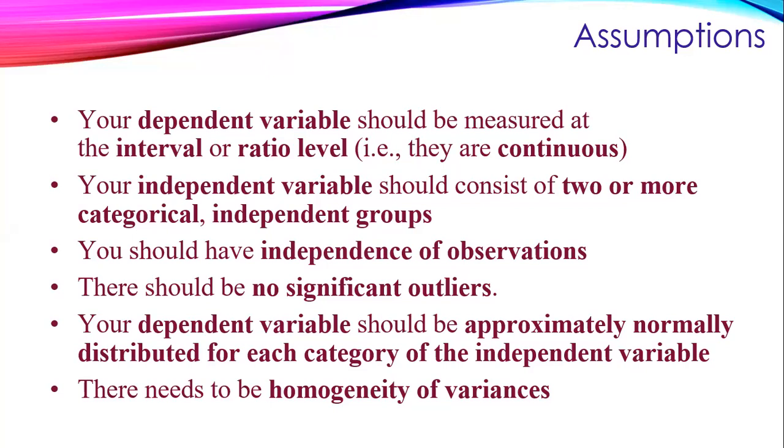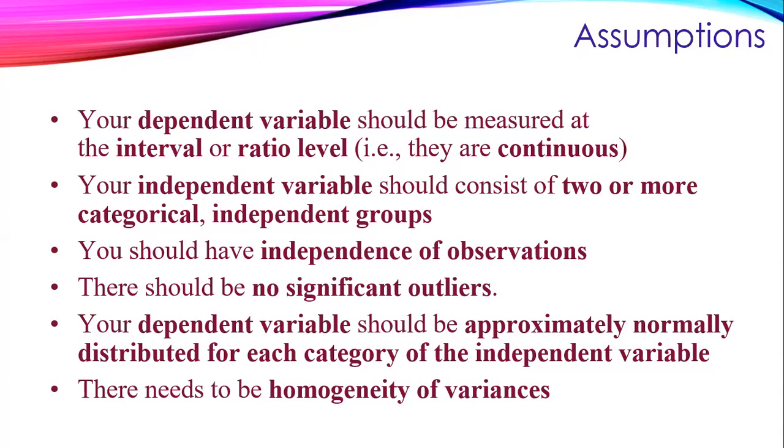That is called independence of observation. There should be no significant outliers, simply meaning that your data should be normally distributed. If your data is normally distributed, you will not have any outliers. The next is that the dependent variable should be normally distributed for each category of the independent variable.